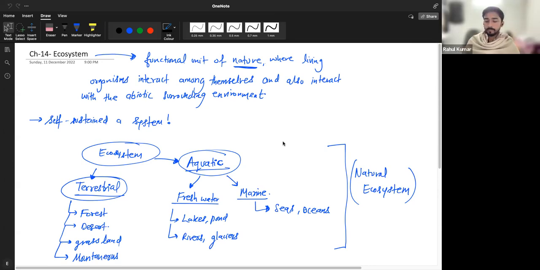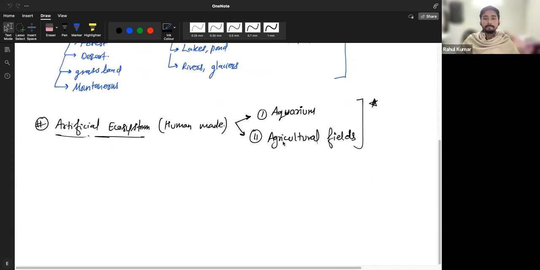Yeah, correct. So this is what we just started with, right? Now we also told you some artificial ecosystems that are man-made, like a big aquarium, and agricultural fields, which are an ecosystem entirely created by humans, because there's no agricultural field in the wild, right?